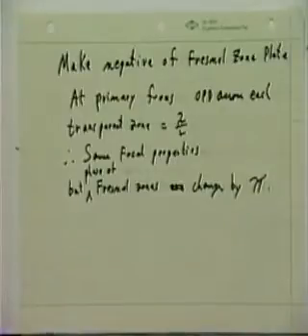And so the amplitude of the light, the intensity is the same, but the amplitude has to be changed by pi. Okay. Well, let's see, what else can we say about this plate?